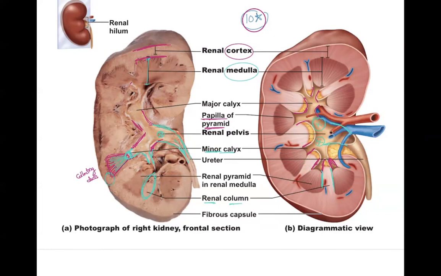Those regions between the adjacent renal pyramids, those are my renal columns. Renal columns are those regions located between the adjacent renal pyramids.